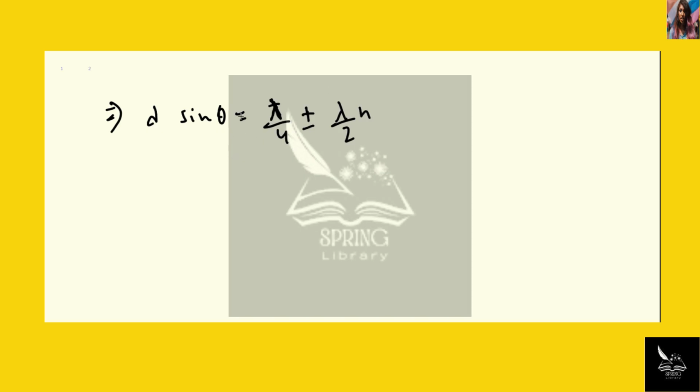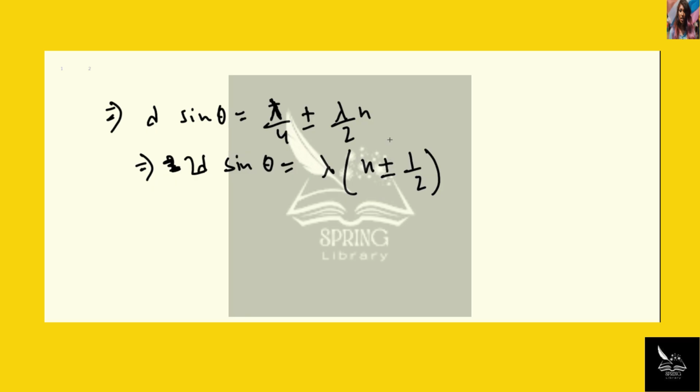Now we multiply both sides by 2. And what we get is 2d sine theta is equal to lambda, that's the common term in both, times n plus or minus 1/2.